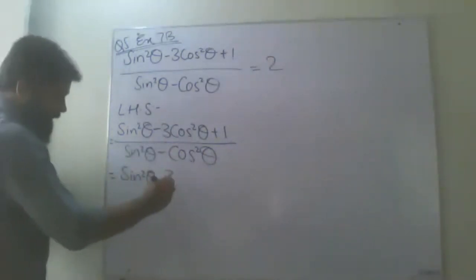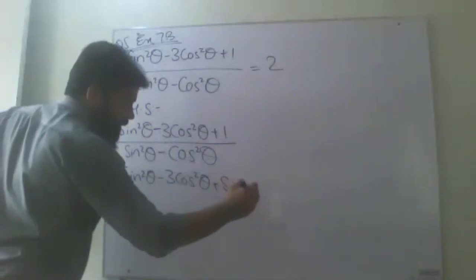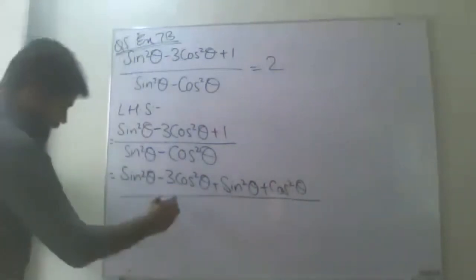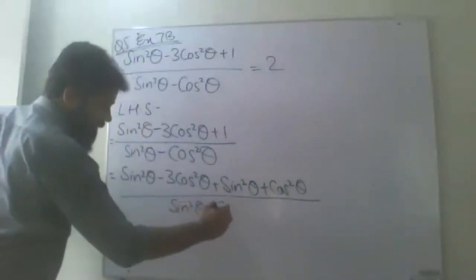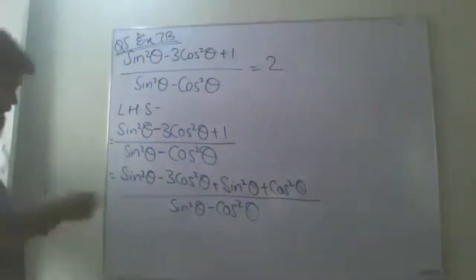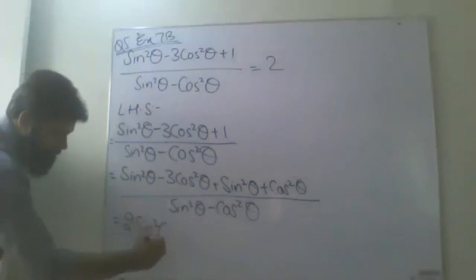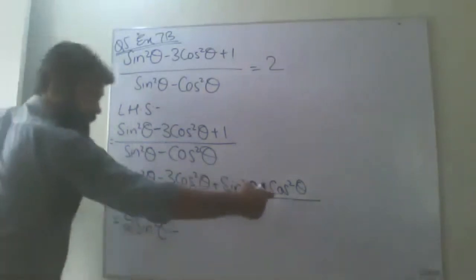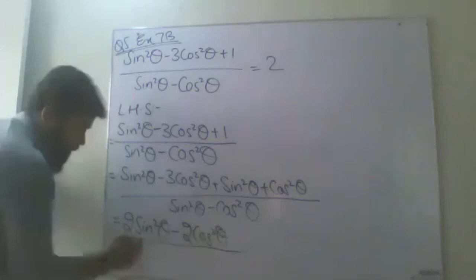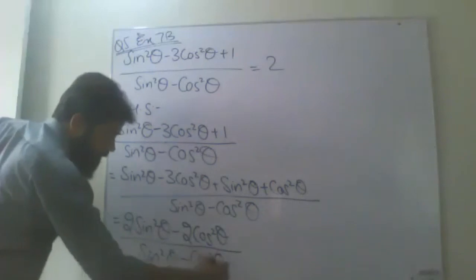Sine squared theta minus 3 cos squared theta plus 1 is equal to sine squared theta minus 3 cos squared theta plus sine squared theta plus cos squared theta, over sine squared theta minus cos squared theta. Now sine squared theta plus sine squared theta becomes 2 sine squared theta, and minus 3 cos squared theta plus cos squared theta becomes minus 2 cos squared theta, over sine squared theta minus cos squared theta.